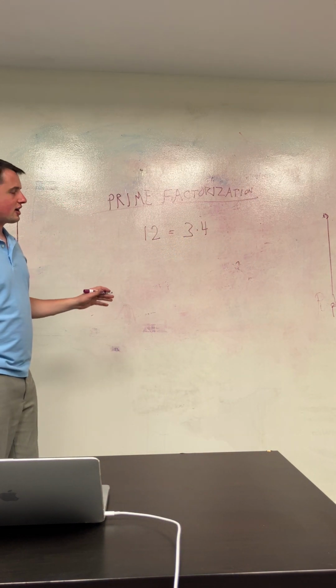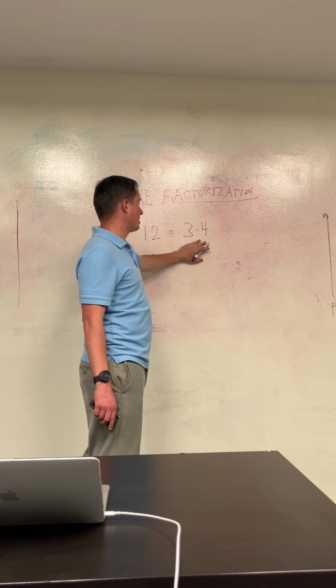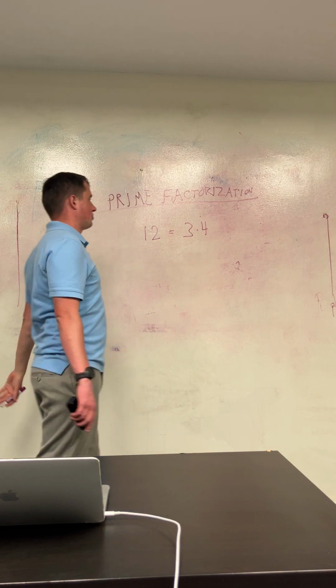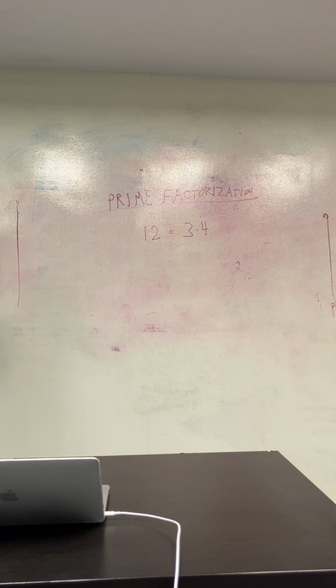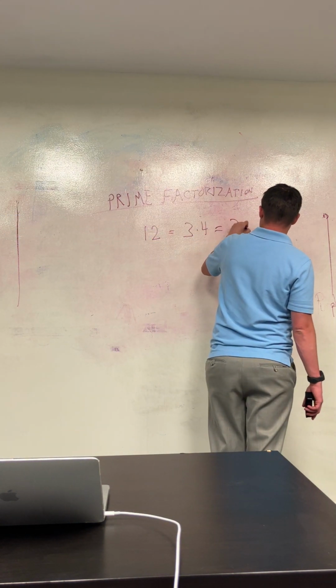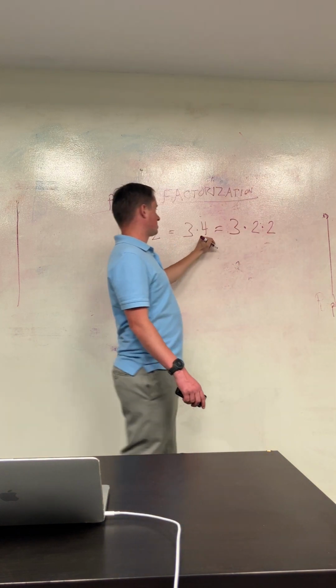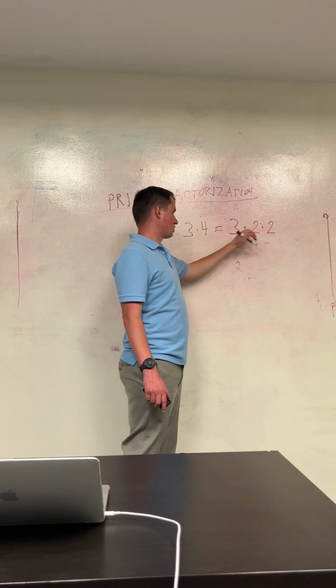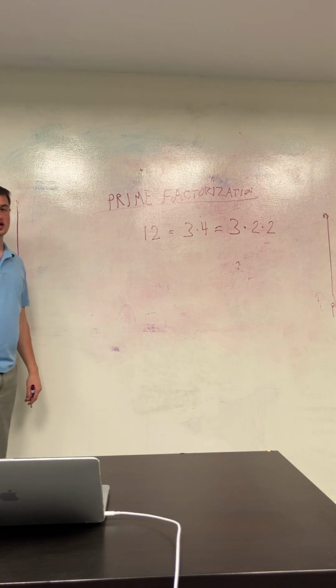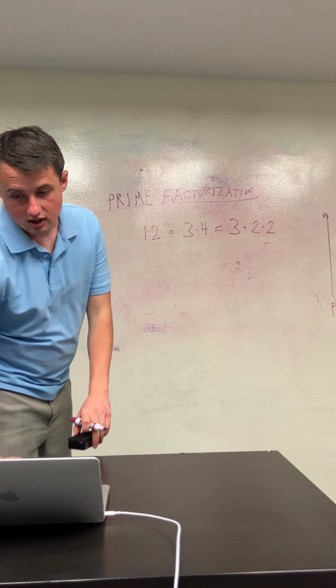When we do the prime factorization, we make sure the number is written as only prime numbers multiplied. So you would write 12 as 3 times 2 times 2, because 2 times 2 is 4, and 4 times 3 is 12. It's going to end up very big.